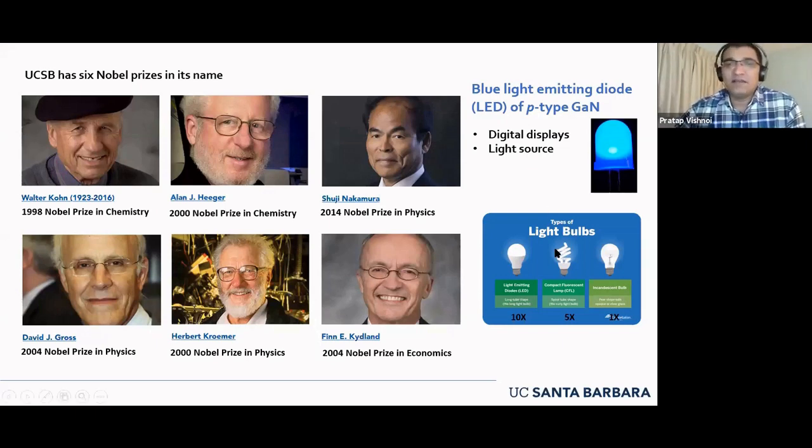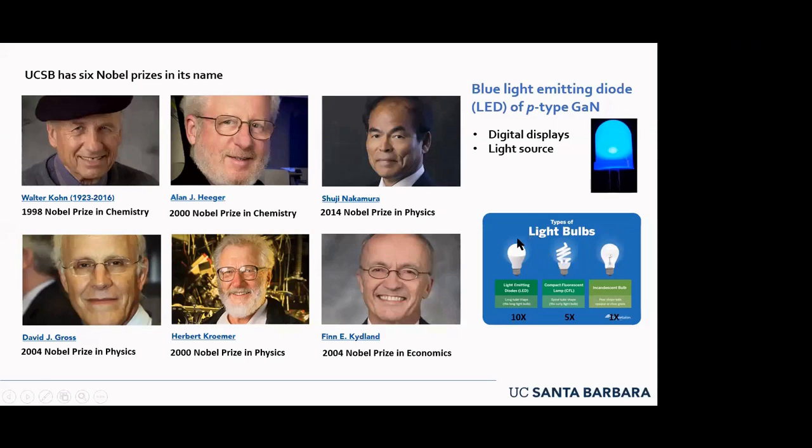But I hope the prices will come down and it will be realized in each and every house. It's much more efficient than what we currently use, the incandescent bulb, which was discovered many years ago. And the current situation in our country is, I think, a mixture of incandescent bulbs and white light LEDs.